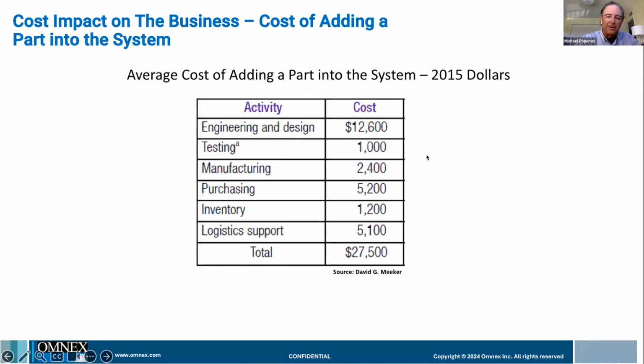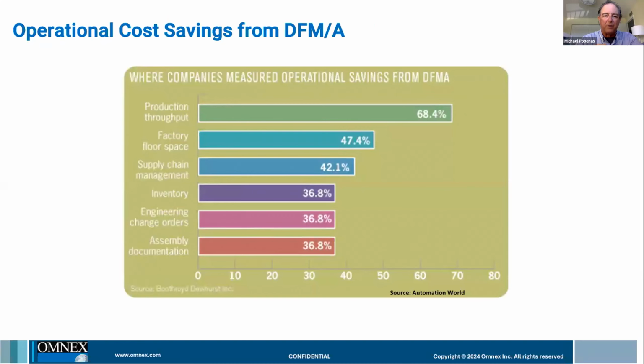Just to add a part. I know in very large automotive OEMs, it can cost up to $1 million just to get a part into the system, not even using it, just having that available for us to pick from.